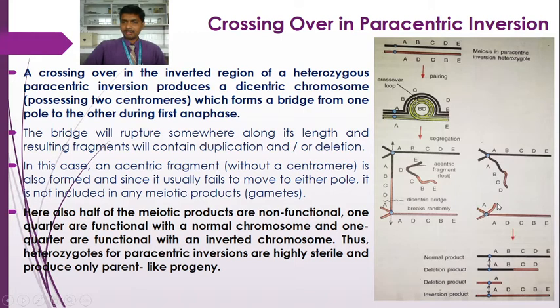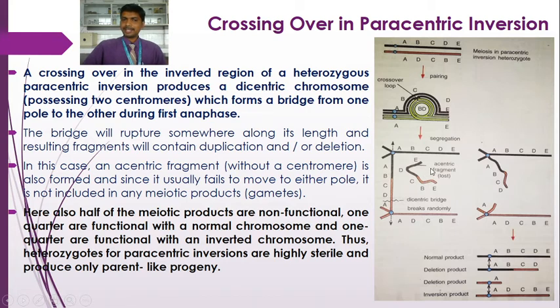Here this one contains only the A gene, it is also a deletion product. And the last one, ADCBE, it is the inversion product. And this EBCDE is an acentric fragment, without a centromere, so it has been lost in the chromosome movement.